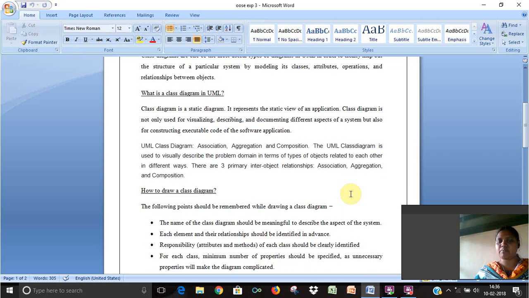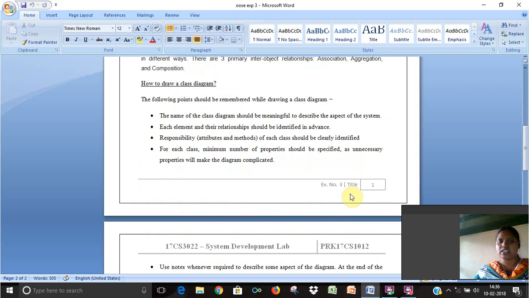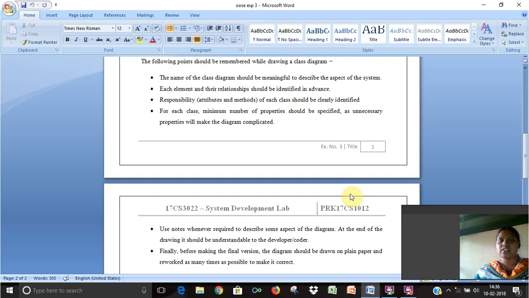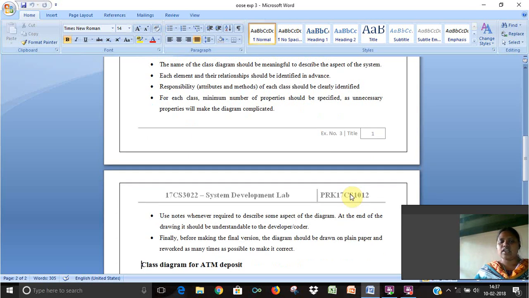For each class, a minimum number of properties should be specified, as unnecessary properties will make the diagram complicated. The user must add notes whenever required to describe some aspect of the diagram. At the end of the drawing, it should be understandable to the developer and coder. Finally, before making the final version, the diagram should be drawn on plain paper and reworked as many times as possible to correct it.